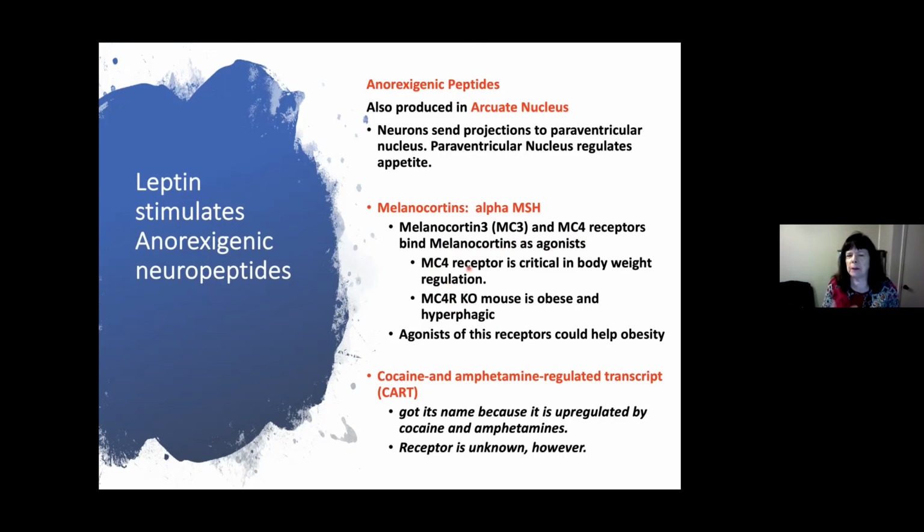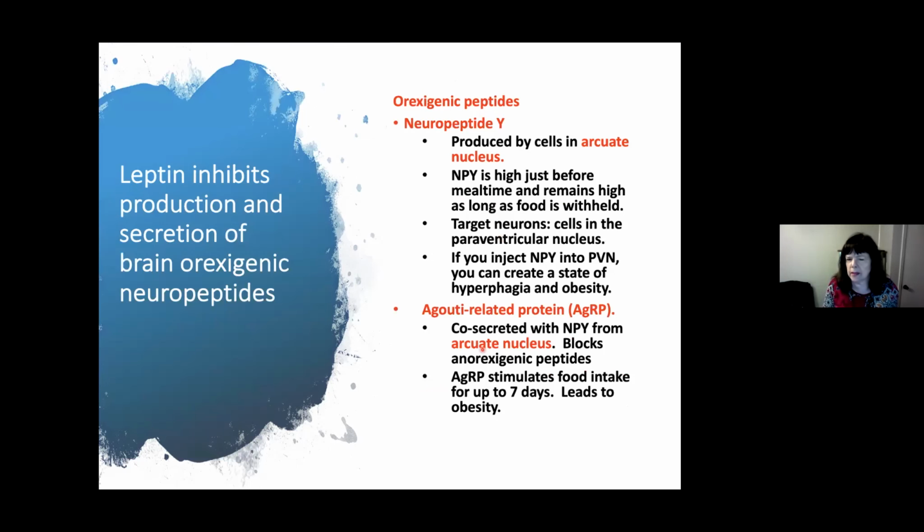In fact, they believe that this is going to be a site where we can actually regulate our body weight if they can get drugs that will affect these receptors. And as I just said, agonists of this receptor could help obesity. So alpha MSH. Now, one of the things that the agouti, AGRP, alpha MSH. So that's how it works.